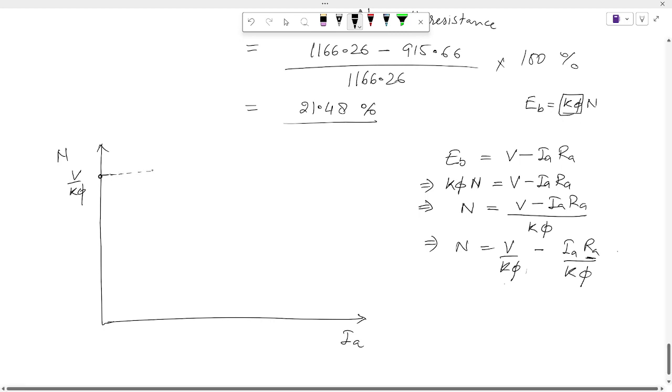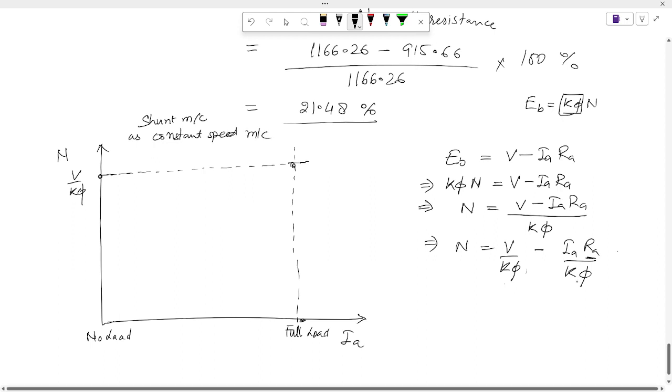If armature resistance is very small, then there will be very minimal change from no load to full load. If armature resistance is negligible, then speed will be almost constant. That's why we call the shunt machine a constant speed machine.